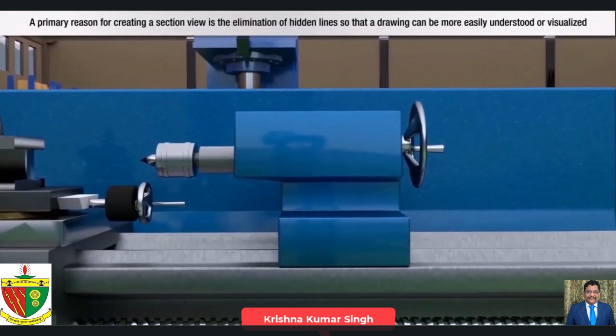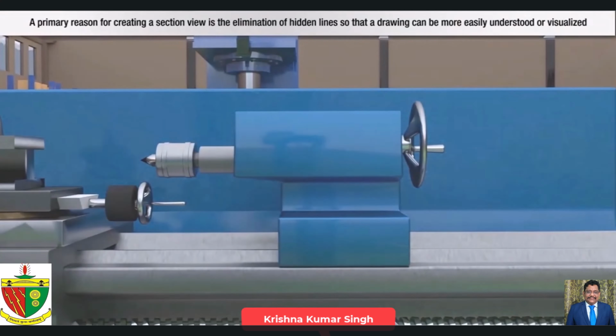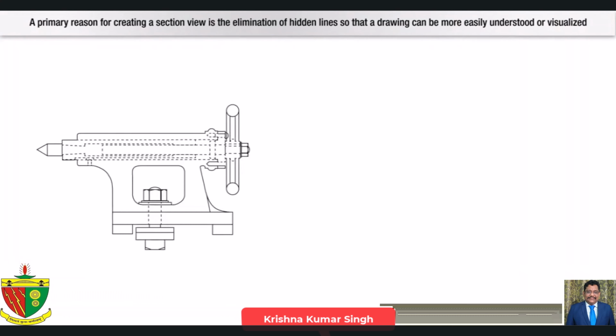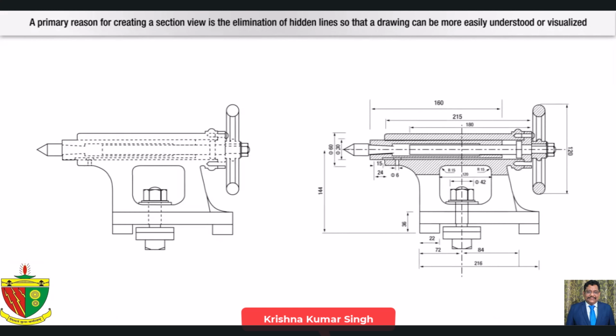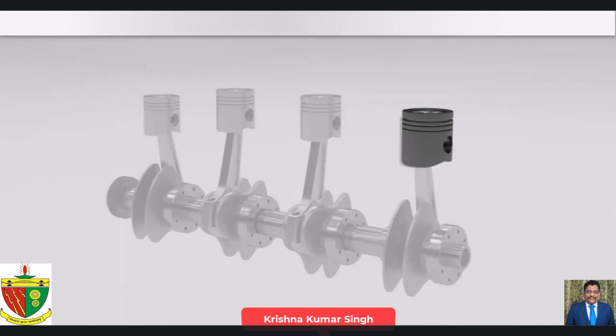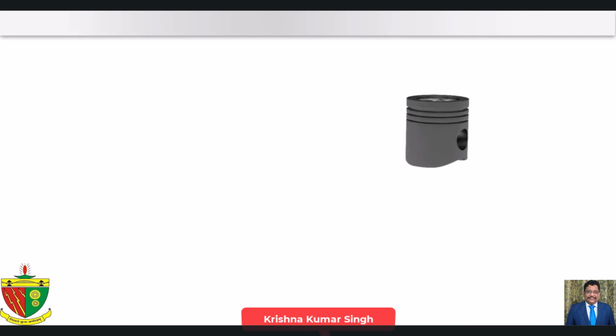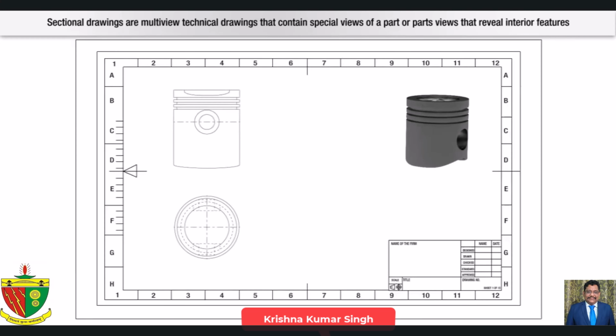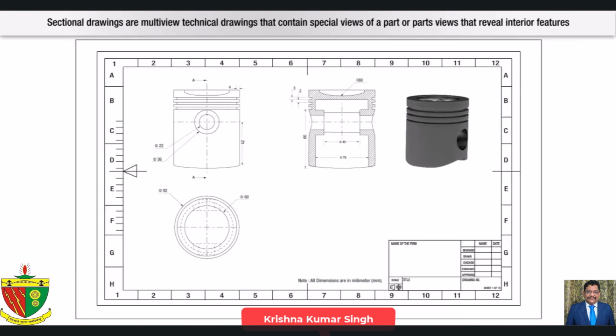A primary reason for creating a section view is the elimination of hidden lines so that a drawing can be more easily understood or visualized. Sectional drawings are multi-view technical drawings that contain special views of a part or parts, views that reveal interior features.